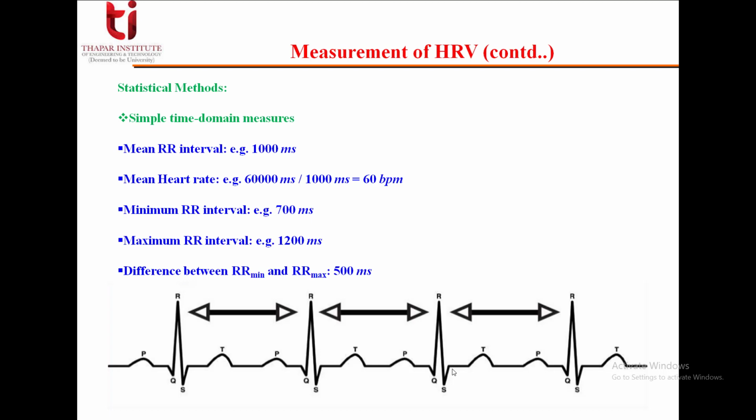Then minimum RR interval, for example, it can be 700 millisecond, maximum RR interval can be 1200 millisecond, and the difference between the minimum RR interval and maximum RR interval is 1200 minus 700, that is 500 millisecond. So these are some approximations, and these are different simple time domain measures that can be done to measure heart rate variability.